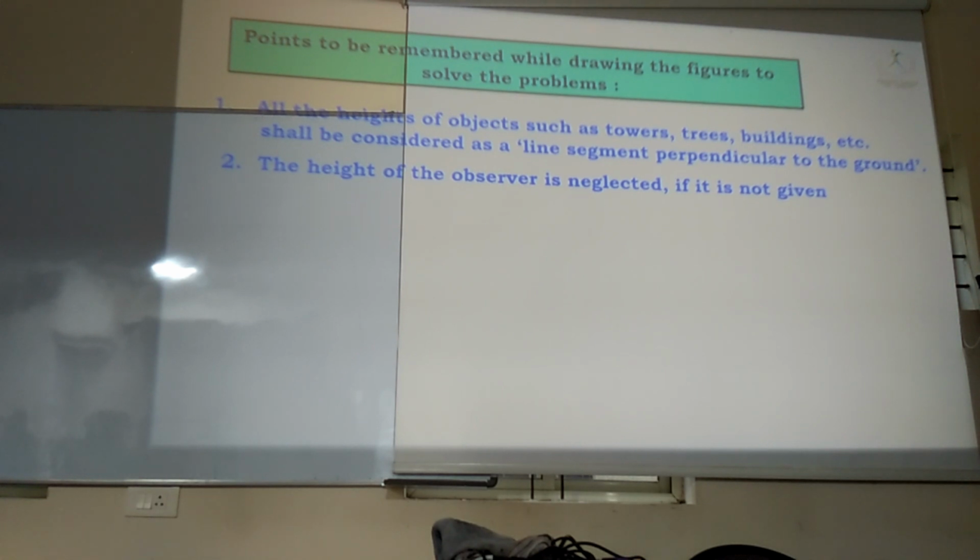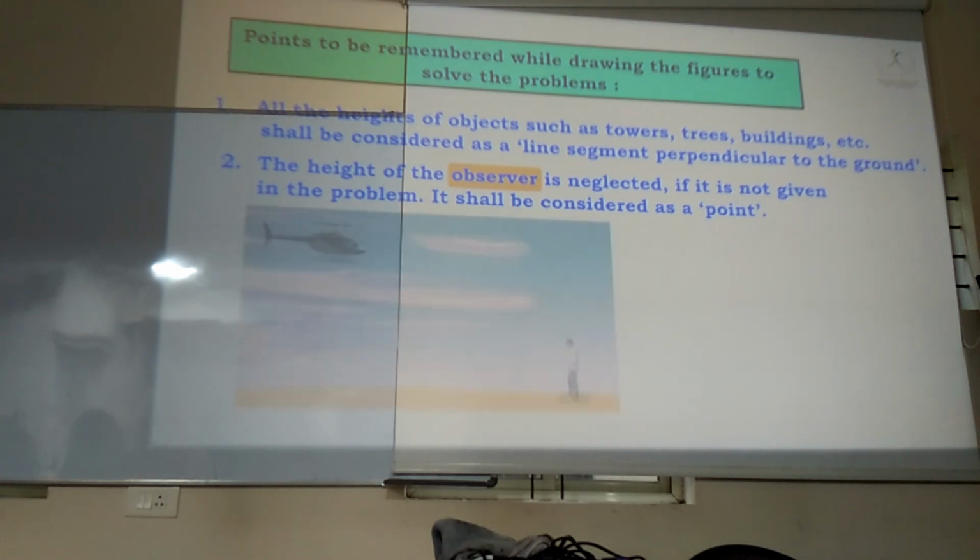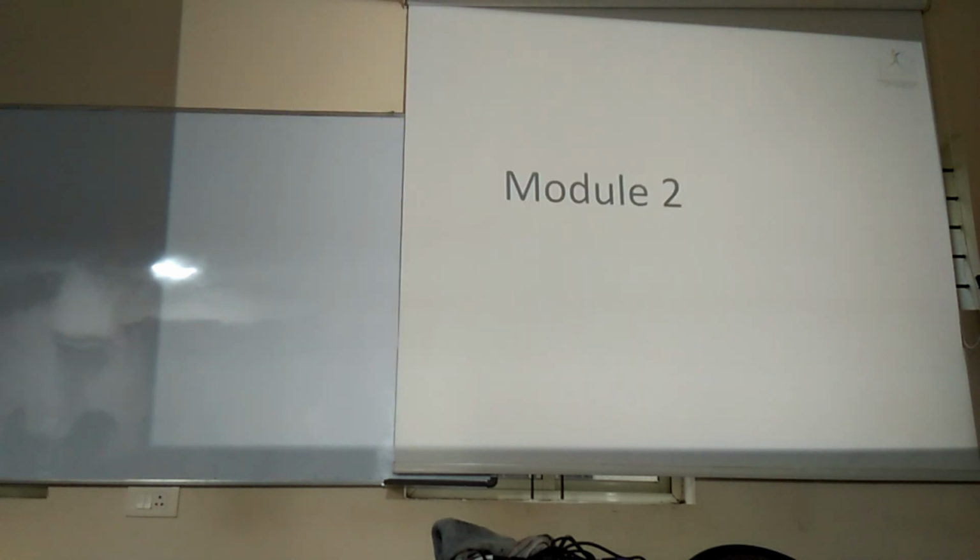When he is seeing an apple on the tree, the size of the apple is neglected. Considering this as one point and this as one point, we will solve it. We won't consider the height of either of them. See, a person became a point.